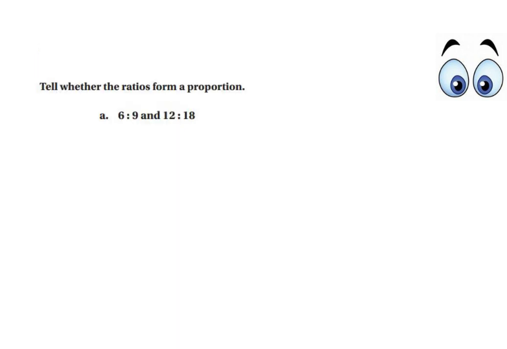So you can try to solve proportions in another way as well by using cross products. 6 times 18 equals 108, and 9 times 12 equals 108. So because the cross products are equal, we would say yes, this is proportional.